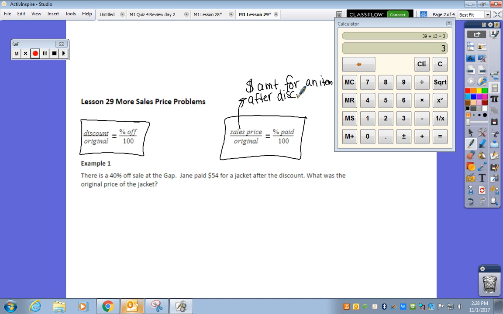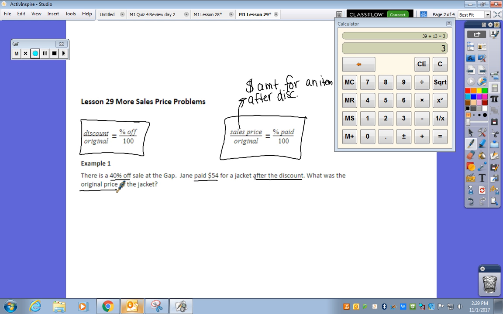Let's look at some examples so we can kind of see what we're working with here. In example 1, it says there is a 40% off sale at the Gap. Jane paid $54 for a jacket after the discount. What was the original price of the jacket?